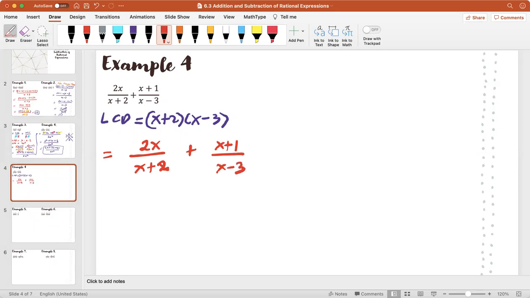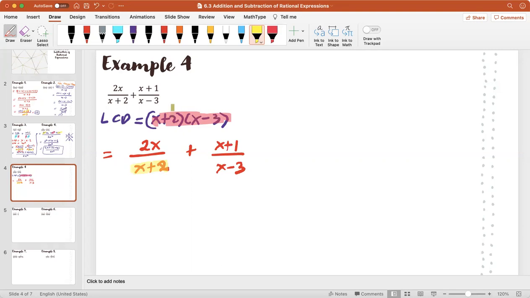In order to do that, we divide, like what we usually do. We divide the LCD by the given denominator. Your LCD is x plus 2 times x minus 3 divided by x plus 2. What's the quotient? Simply look at the factor that needs to be canceled.